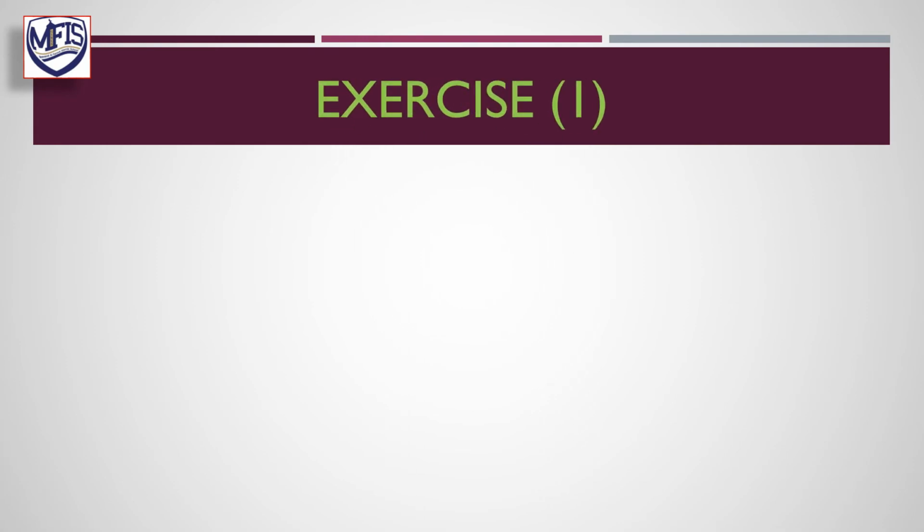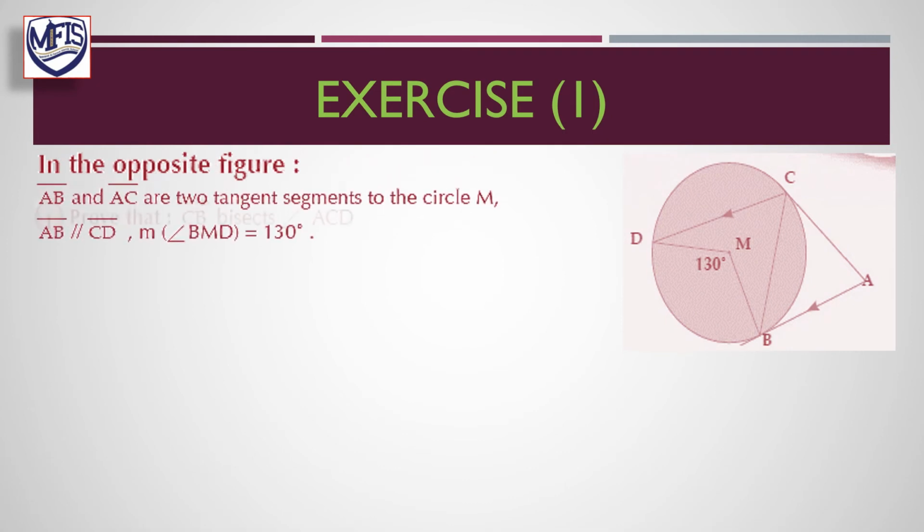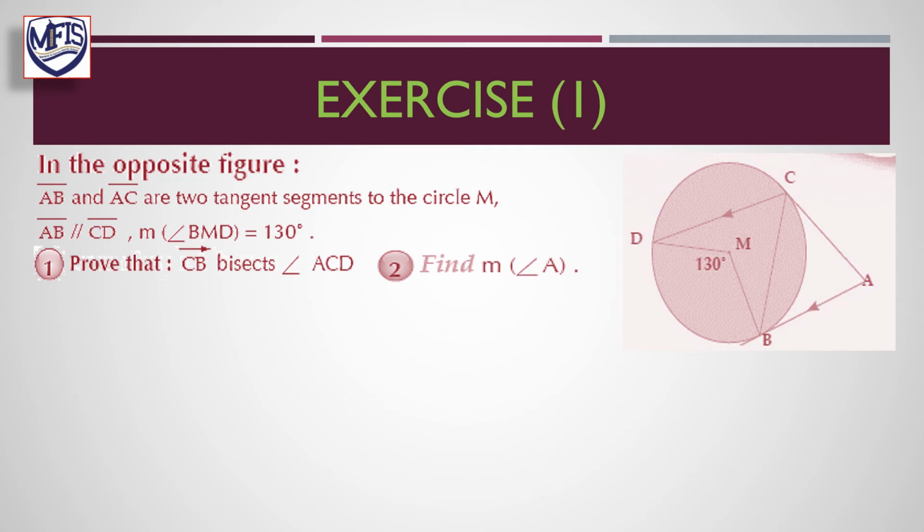Now, exercise number 1. In the opposite figure, AB and AC are two tangent segments to the circle M. AB parallel to CD, measure angle BMD equals 130. Prove that ray CB bisects angle ACD.